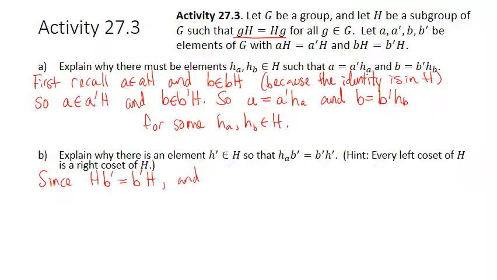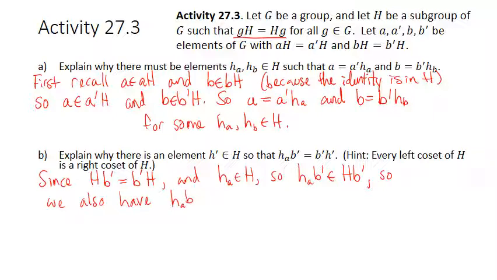And let's see, HA is an element of H. So that means that HAB prime is in HB prime. So we also have that HAB prime is going to be an element of B prime H, since HB prime and B prime H are the same thing.